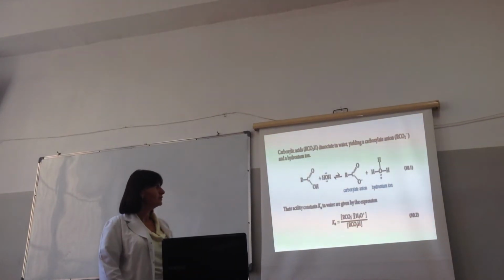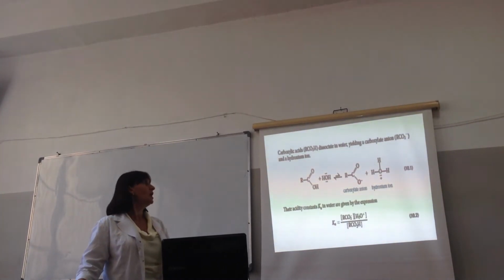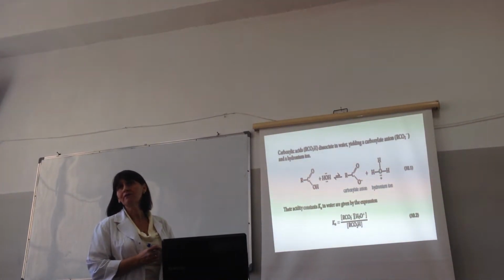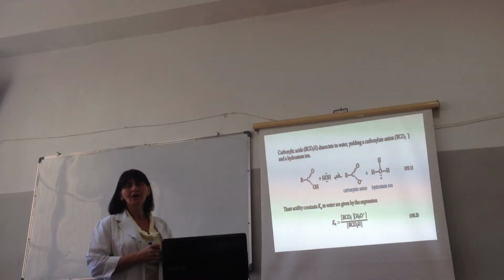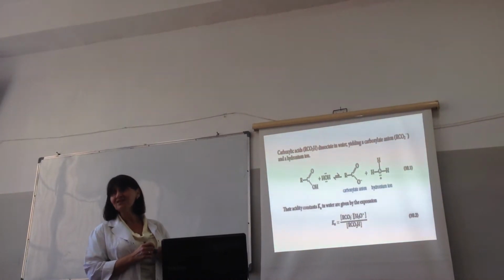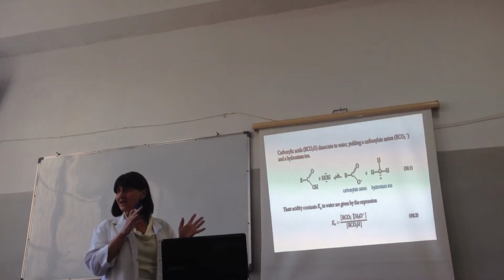Now, what about the dissociation of carboxylic acids in water? If you remember from your general chemistry course, for dissociation of acids you always need a water molecule. Why? Because acids are covalent compounds and you don't have ions here as in bases.